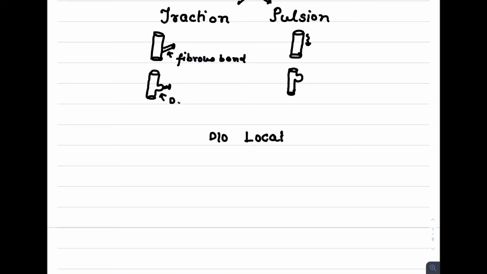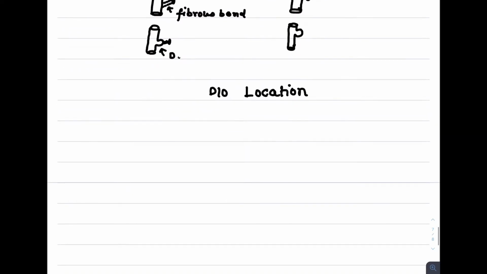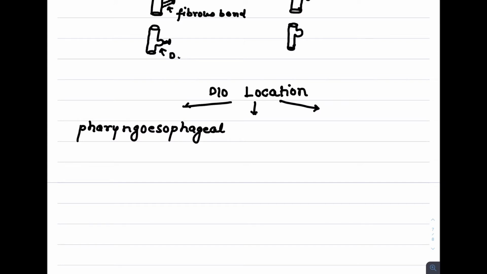Third way of classifying them is based on the location. There can be three different kinds of esophageal diverticulum. One is pharyngoesophageal. As the name suggests, it is situated in the pharyngoesophageal part of the esophagus. Second is mid-esophagus and third is the epiphrenic diverticulum.